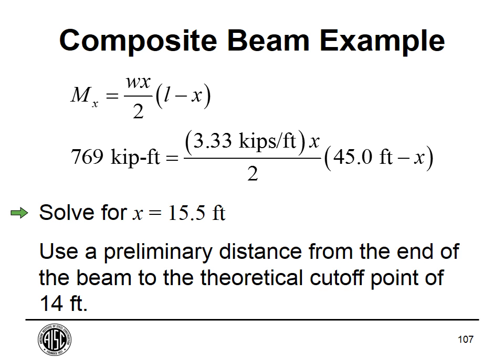And me being a structural engineer, I'm usually pretty conservative, so I said, well, let's use a little bit smaller number than 15.5. Let's go down to 14 feet. And another thing to notice is that's a preliminary distance.